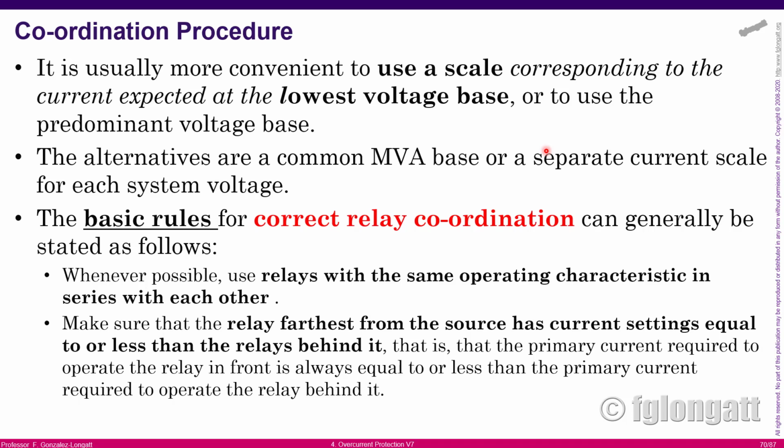One of them is to try to use relays with the same operating characteristic. I mean, if you are using inverse time, try to put relays with the same characteristic in the same series configuration. Is that possible?